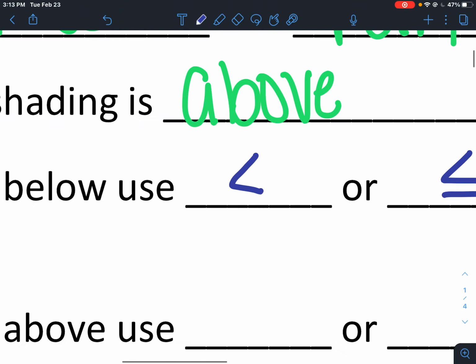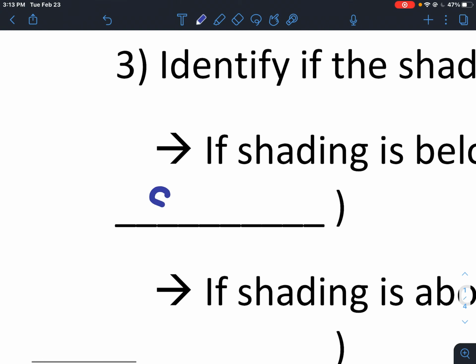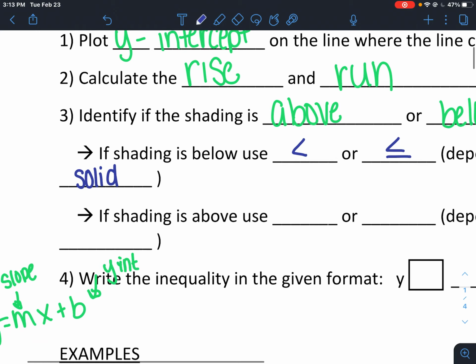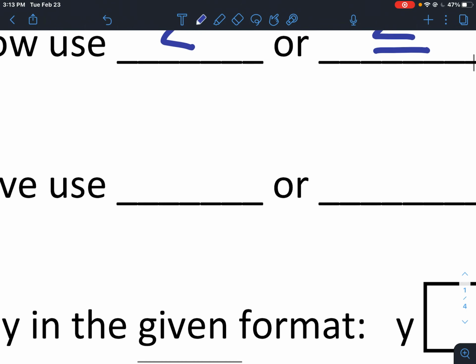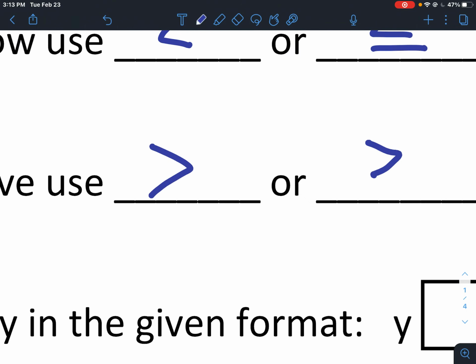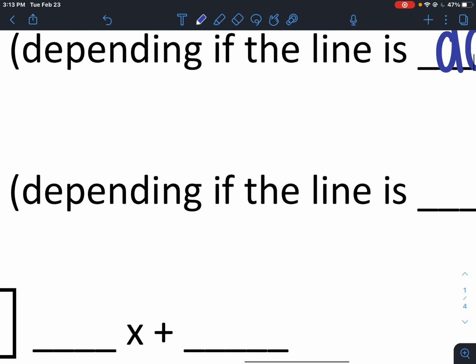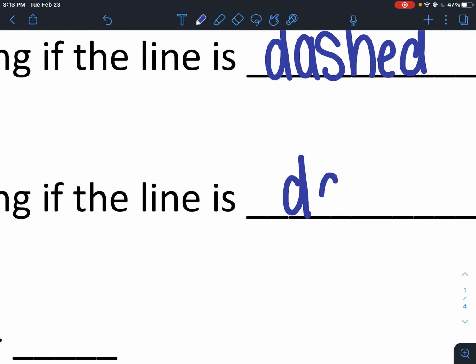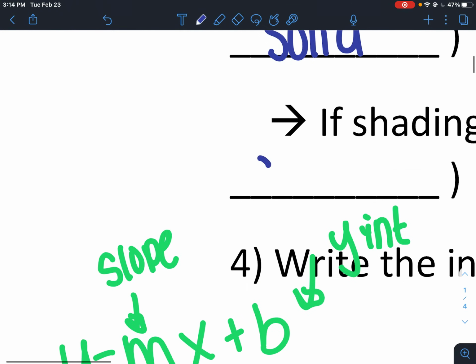And for this one, less than or equal to, it would be solid. And if the shading is above, we'll use greater than or greater than or equal to, again depending if the line is dashed or solid.